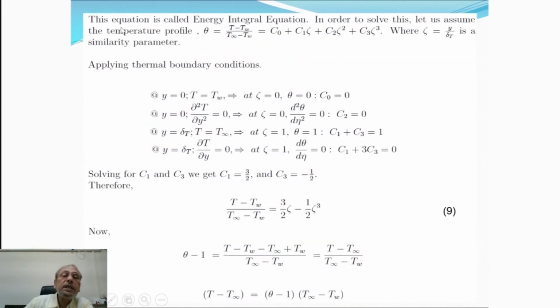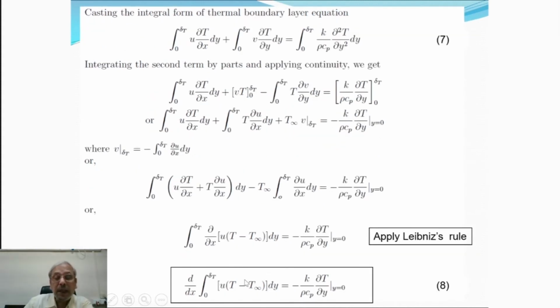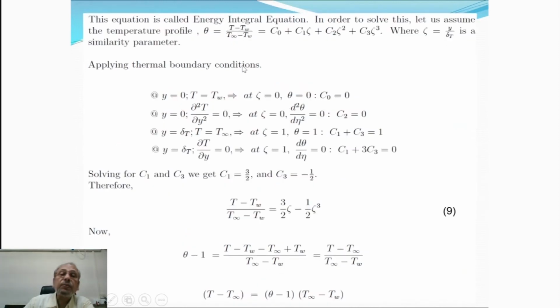So, to evaluate the energy integral equation, we require both the velocity profile and the temperature profile. The velocity profile we have already found out. Now we have to find the temperature profile.